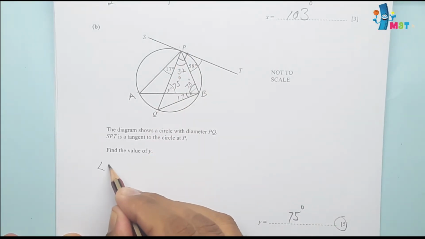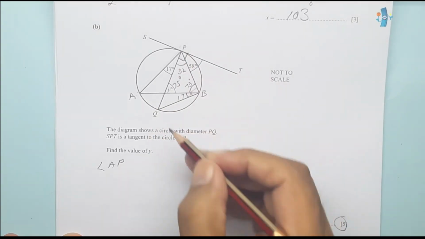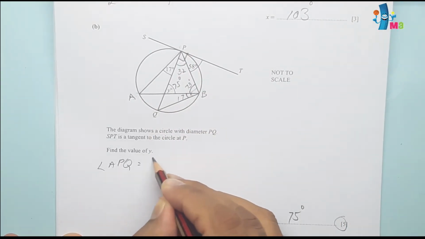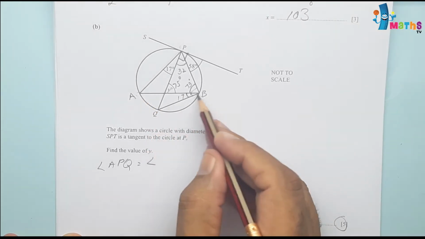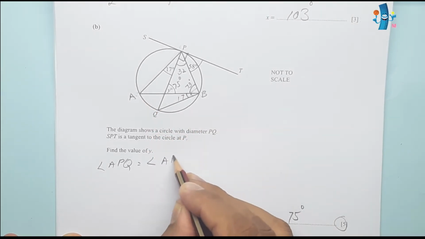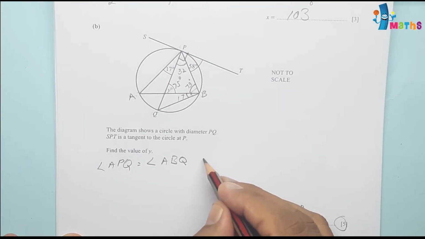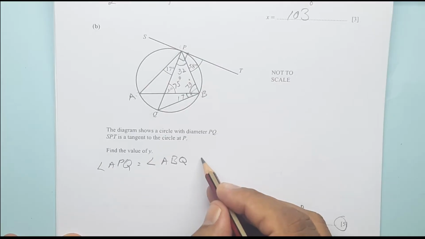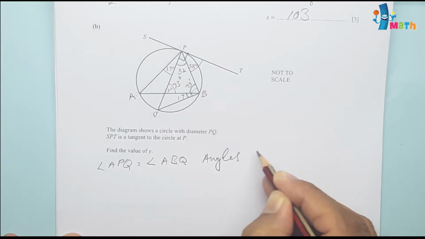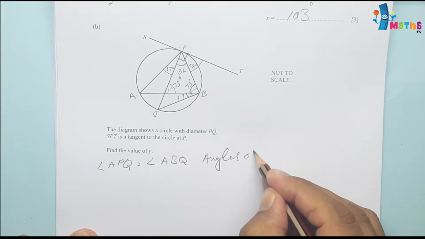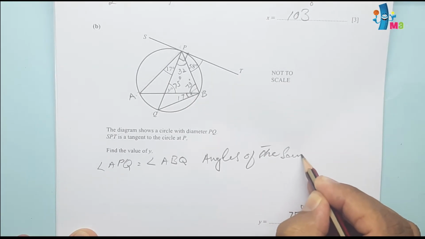We can write angle APQ is equal to angle ABQ, and the reason we can write here angles of the same arc.